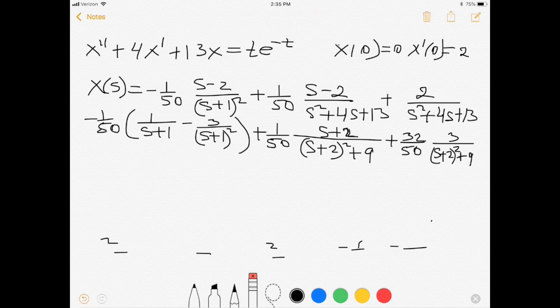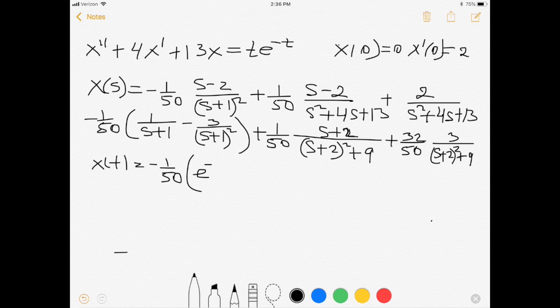Okay, and what will be the inverse Laplace transformation for my function X of s? The first term: x of t will be negative 1 over 50. Inside the first parenthesis we have 1 over s plus 1, which is the exponential function e to the minus t.